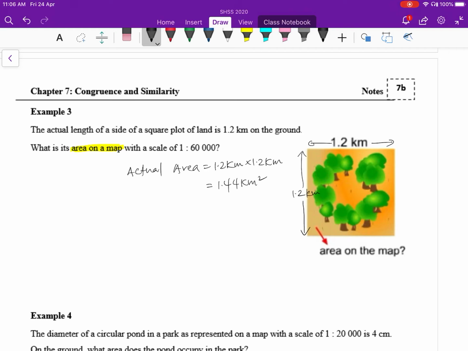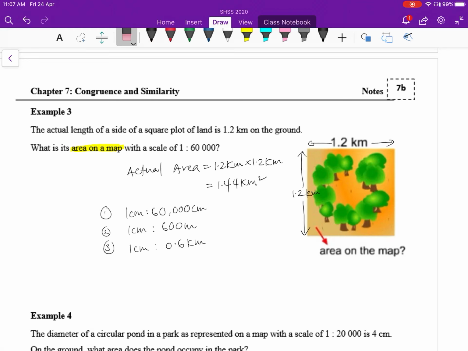Okay, now same, I get 1 cm is to 60,000 cm. I'll do 3 measurements again: cm is to cm, cm is to meters, and finally cm is to km. Now what is the area on the map? So actual area is 1.44 kilometers square. Wait, this is the length scale.